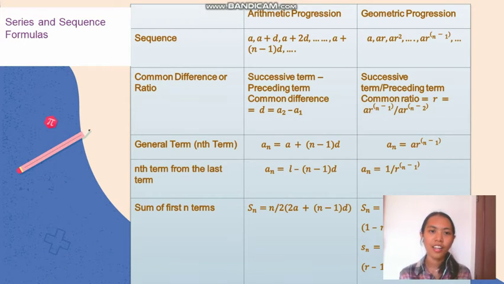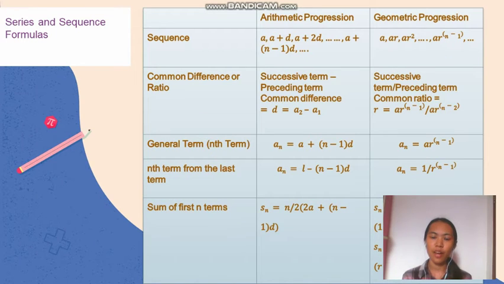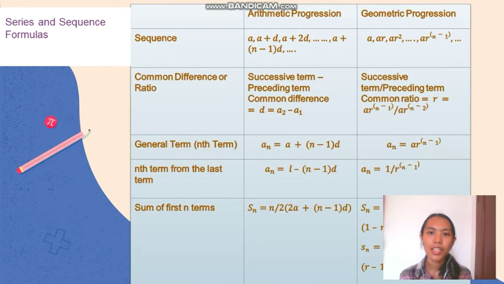Next, the third is general term or nth term. In arithmetic progression, an equals a plus n minus 1 multiplied by d. But in geometric progression is an equals ar to the power of n minus 1.